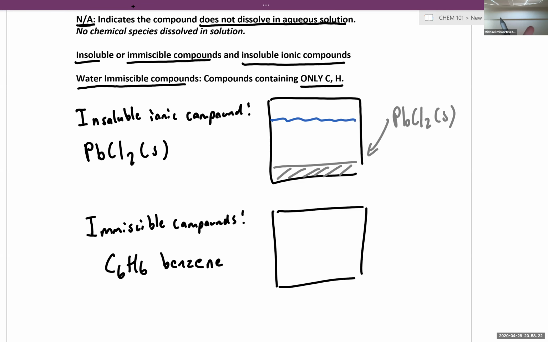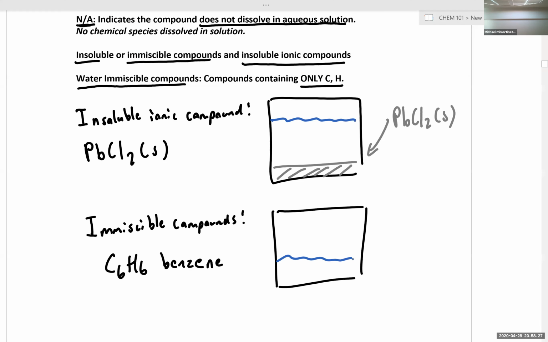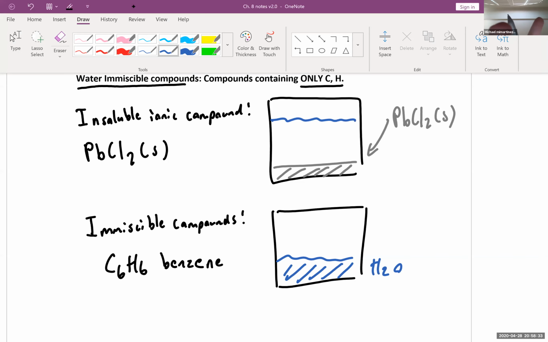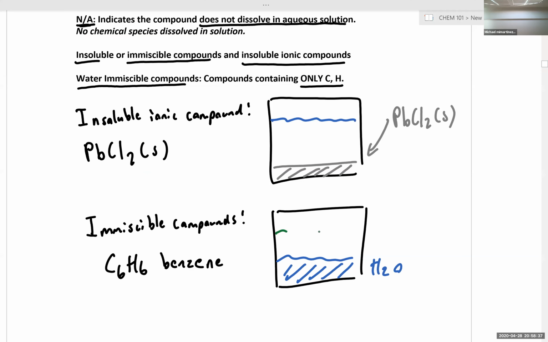So for example, if we mix benzene and water, we end up with a heterogeneous solution. We have our water, and then as a separate, clearly visible layer, we have our C6H6. So we would write for an immiscible compound, these are liquids, so they get the liquid symbol.